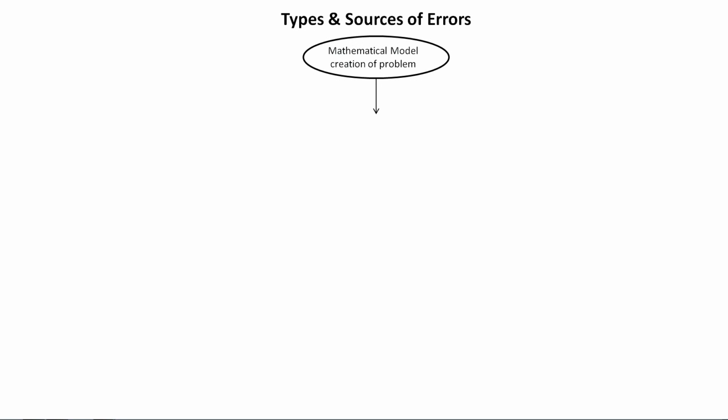see, the first source of error is what we call mathematical modeling error. When in the physical sciences or engineering problems or in business houses, one comes across a problem, a mathematical model is built upon it.